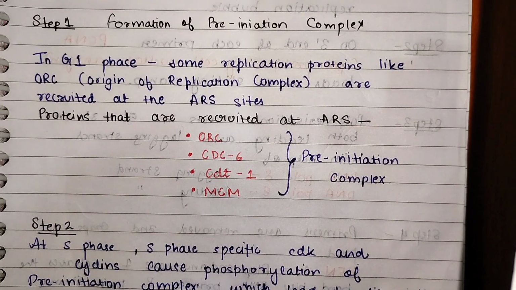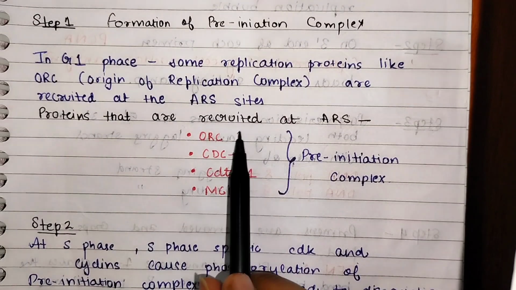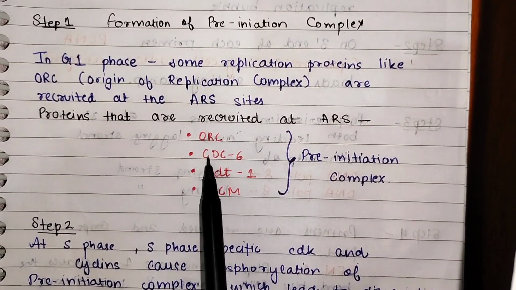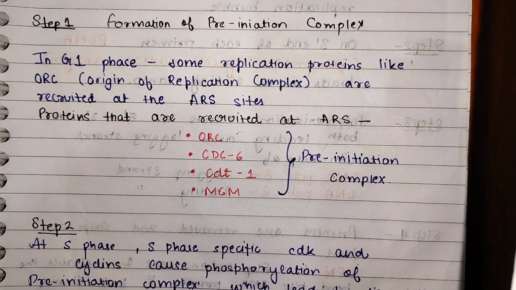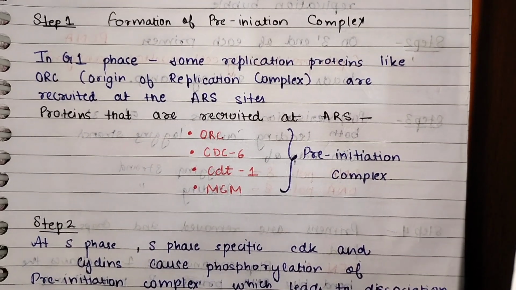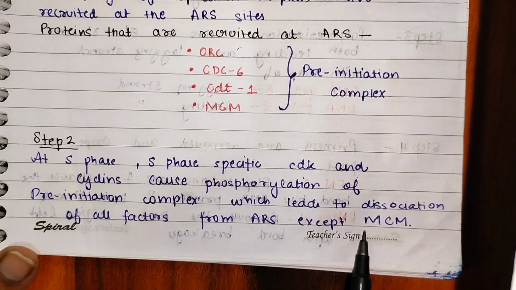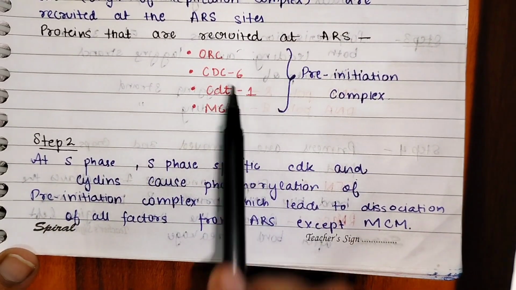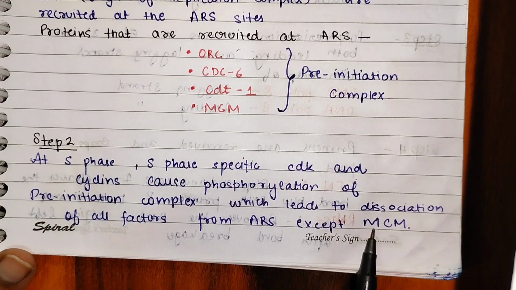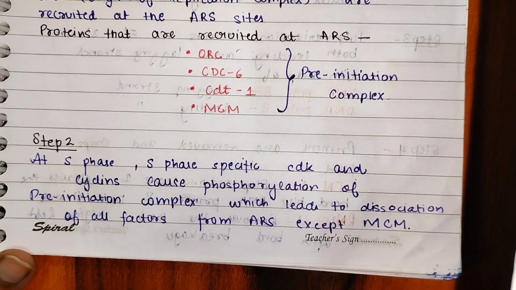In step 2, all these proteins ORC, CDC6, CDT1 get dissociated from the initiation complex except for the MCM. So except for MCM, all three proteins get dissociated, because MCM has a function that we will discuss.